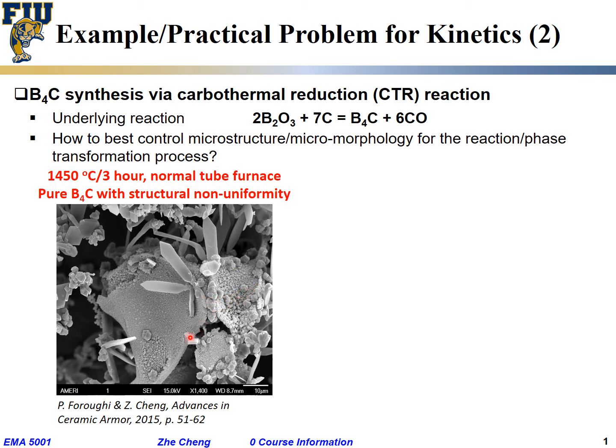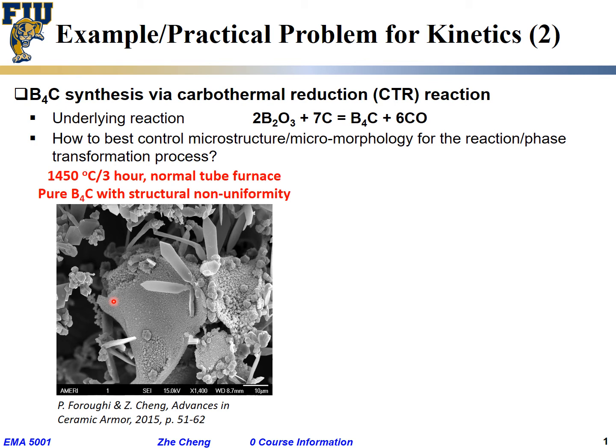Some of them look like these equi-axed shaped crystals, and these are highly faceted. Quite often that means they are highly crystalline. Makes sense? But if you zoom in, we have a powerful magnifying glass.